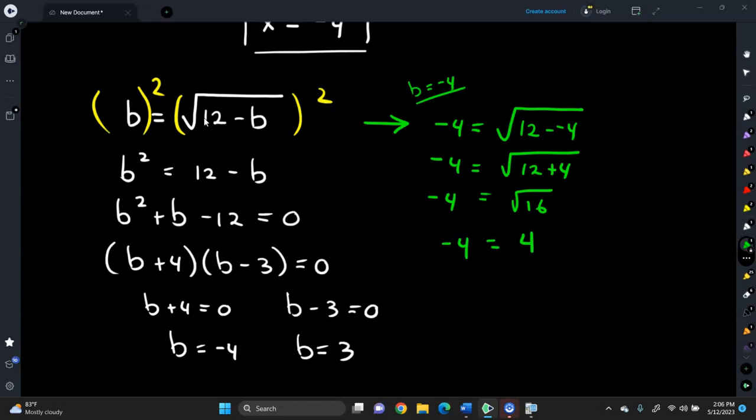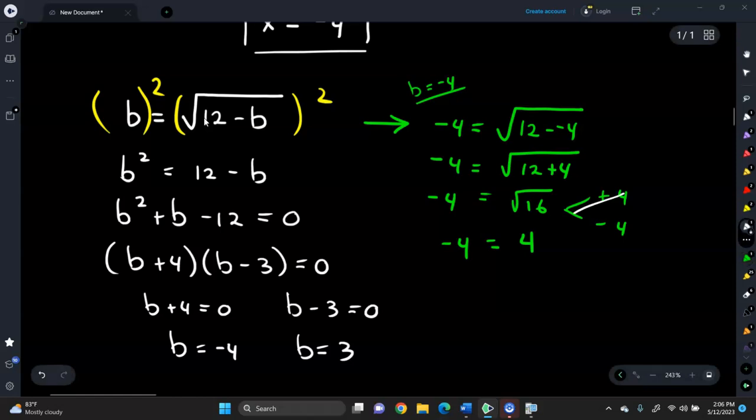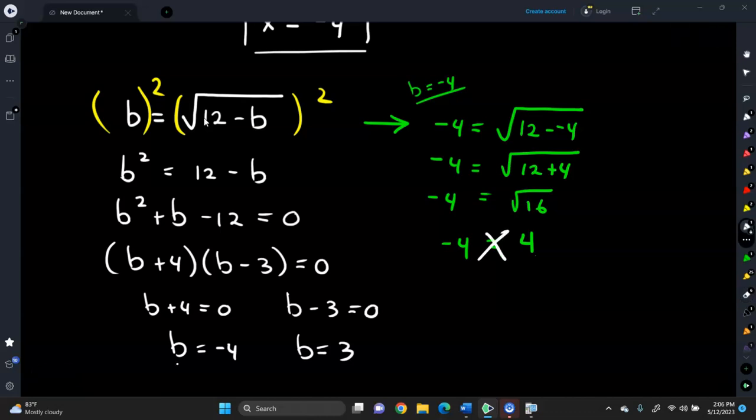Remember, I know that this is normally plus or minus 4, but since there is no plus or minus in front of that radical, we're only talking about the positive square root. Therefore, when I take the square root of 16, I'm only looking at the positive square root, which is positive 4. This is not true. So b equals negative 4 doesn't work. So we cross that out.